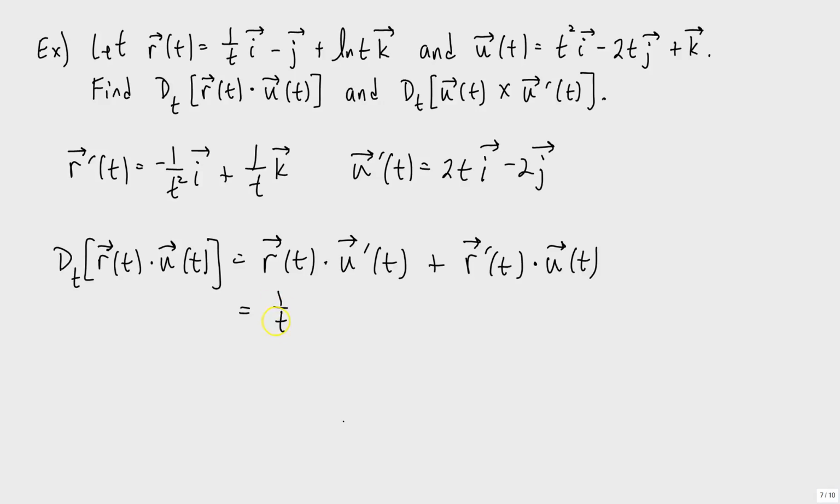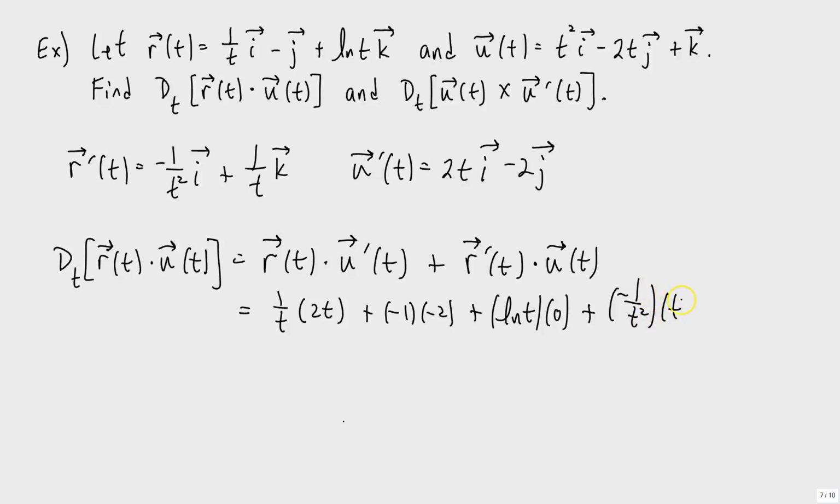So it's going to be 1 over t times 2t plus negative 1 times negative 2 plus natural log of t times 0 plus negative 1 over t squared times t squared plus 0 times negative 2t plus 1 over t times 1, which comes out to be 3 plus 1 over t.